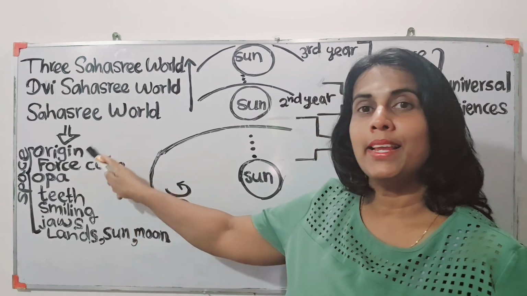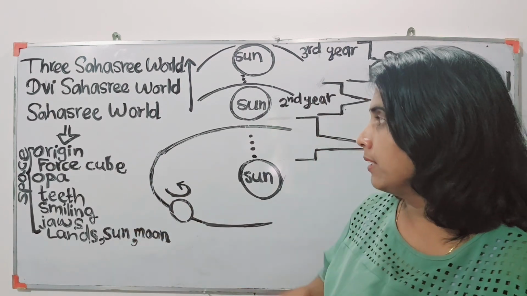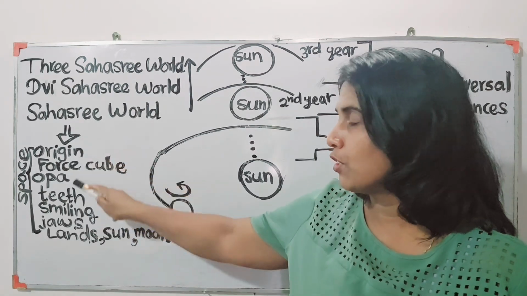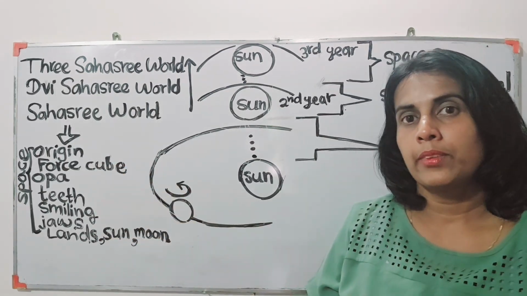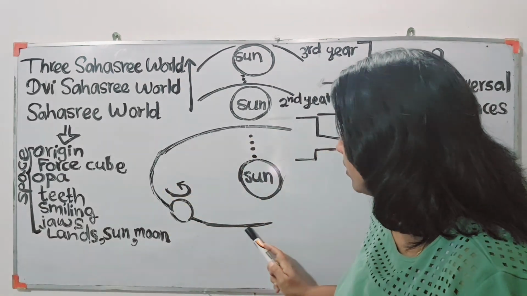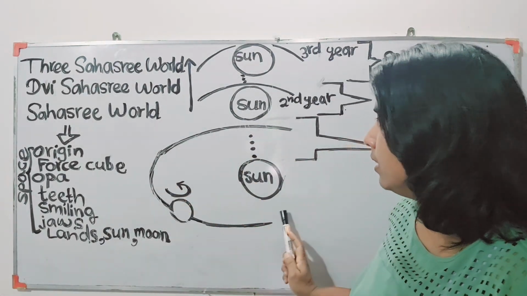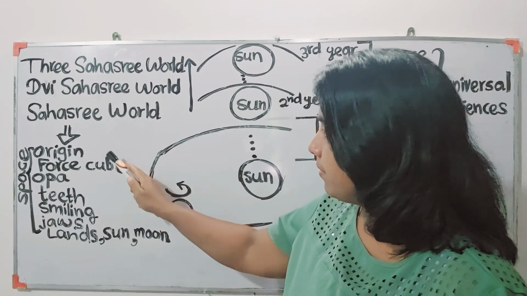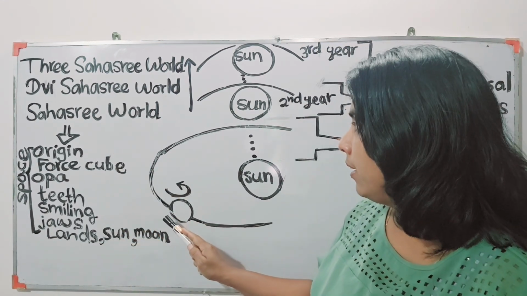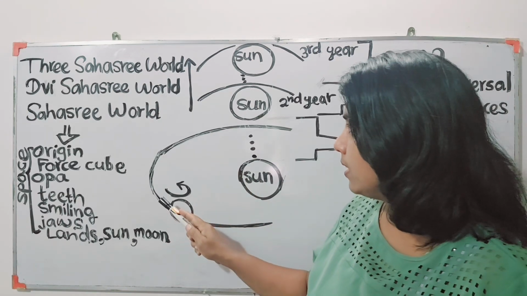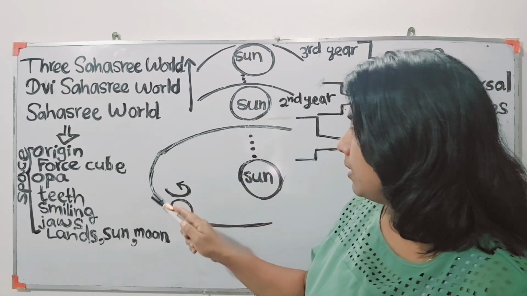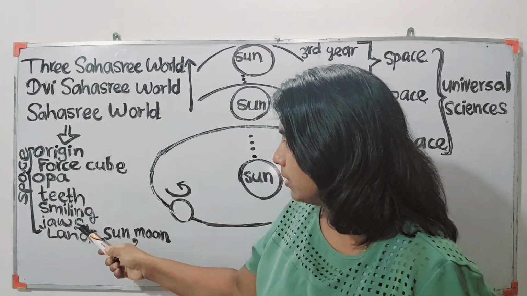This is the human brain. The human brain consists of these universal sciences. Then within one year, in one cycle, the human brain releases all this energy in it, and it is released in this way, upward.